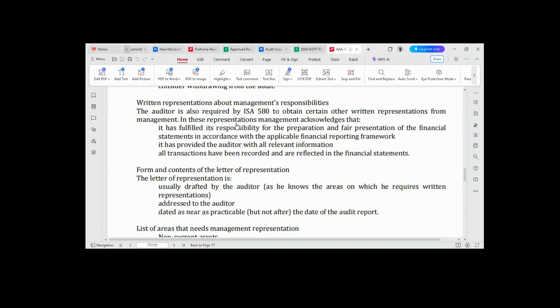So the letter is usually drafted by the auditor, but the way we always put it, we say that this representation is a letter that is prepared by the management.